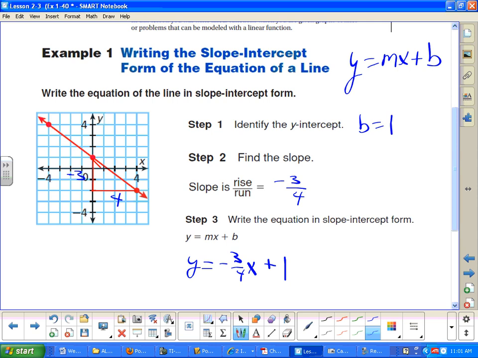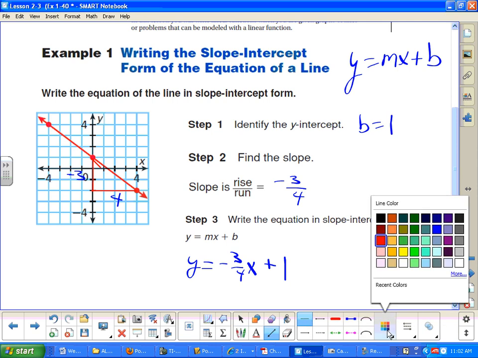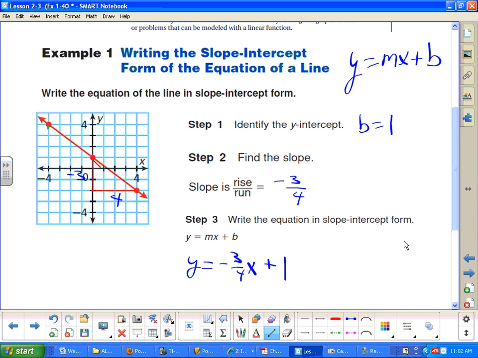So we identify the y-intercept first, and then figure out the slope. Pick 2 points. Do rise over run. I could have also done these 2 points, and made a little right triangle there. And I still would have ended up with going down 3 and over 4 there also. It doesn't matter what 2 points you pick, you better get negative 3/4.